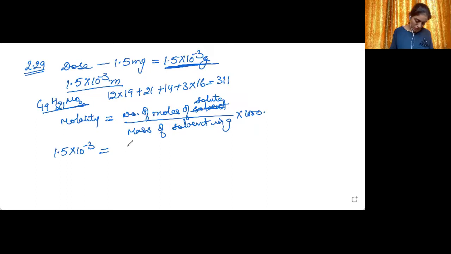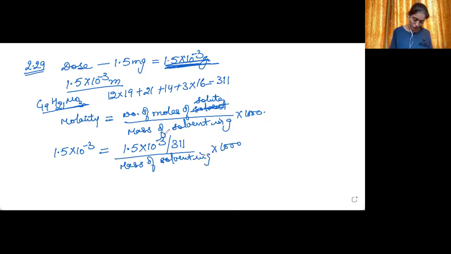So we can just write 1.5 into 10 to the power minus 3, the mass given, upon 311, mass of solvent in gram, into 1000. So we can just cancel it.